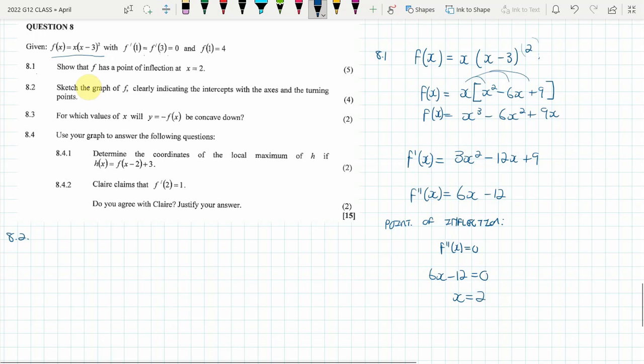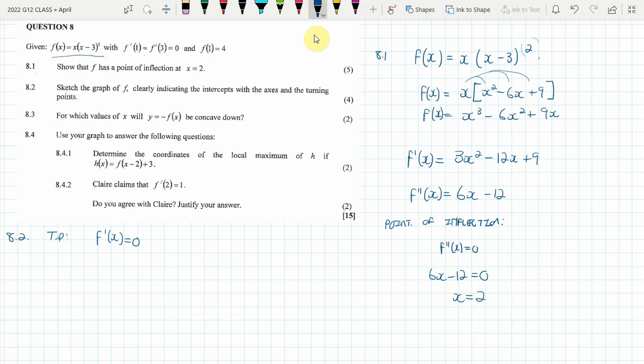So what are the turning points in this case? Remember, to get them, we solve f prime of x equals 0.